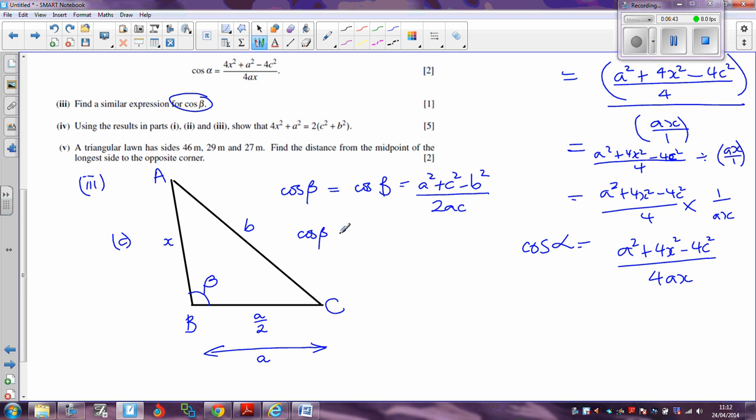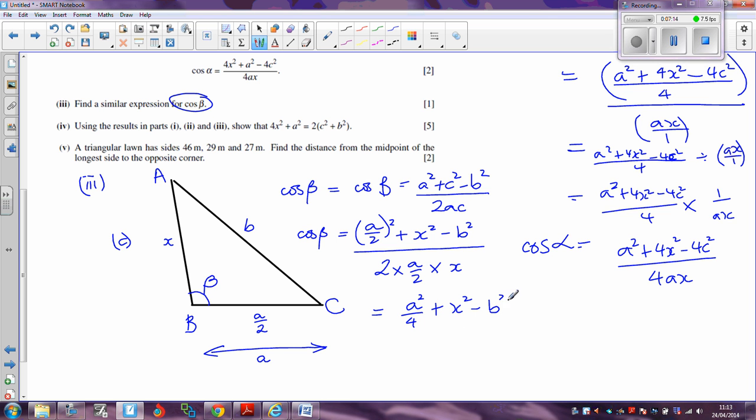So in this case, cos beta is going to be a over 2 squared plus c squared, which is called x squared, minus b squared, exactly as it should be, and on the bottom it's 2 times a over 2 times c, but c is actually x. Removing the brackets, a squared over 4 plus x squared minus b squared, and again the 2's cancel and we're left on the bottom with ax.